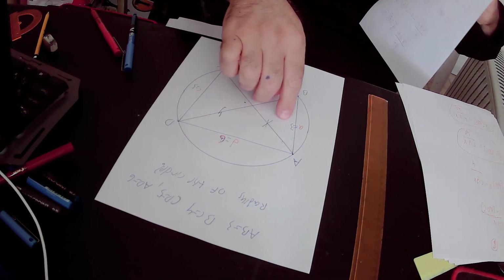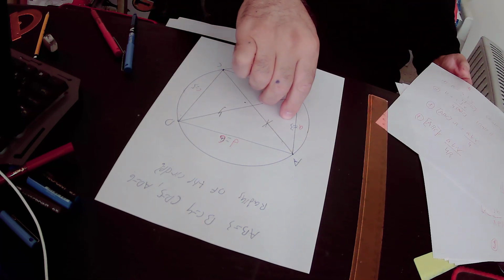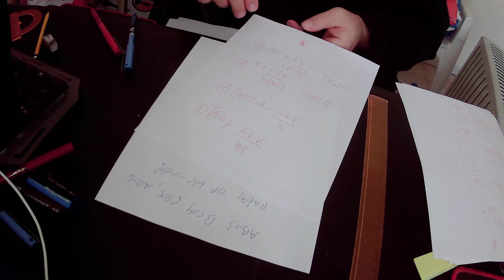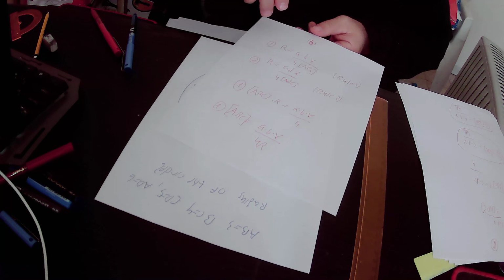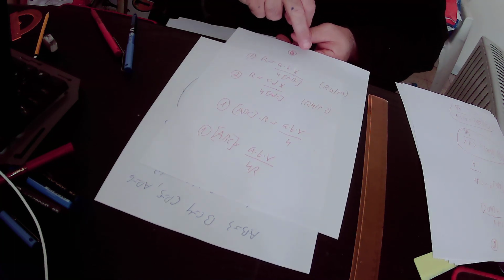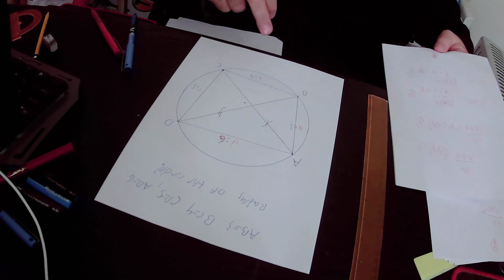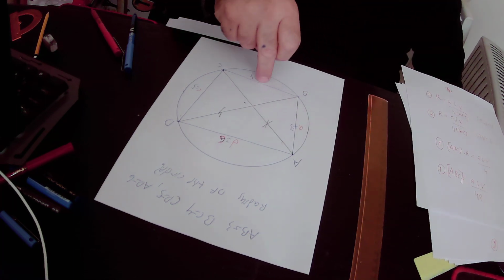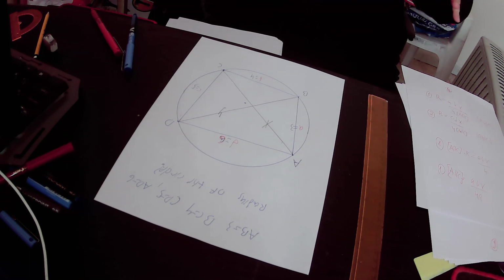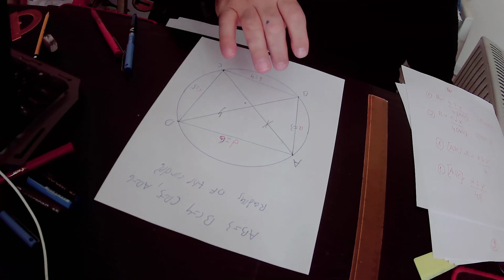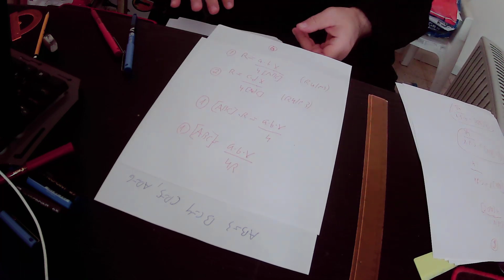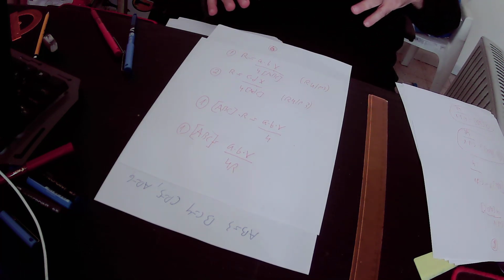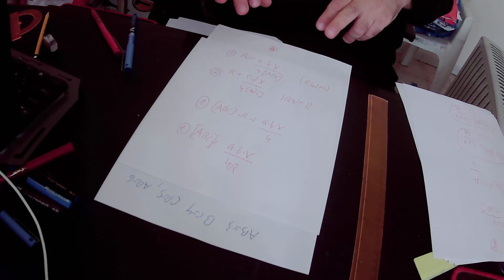That is, A times B times X over 4 times the area of triangle ABC. That is the implementation of rule number 3 in our drawing for triangle ABC.